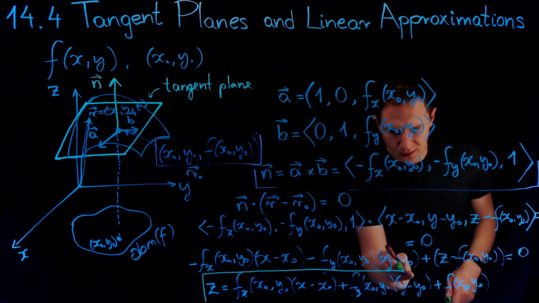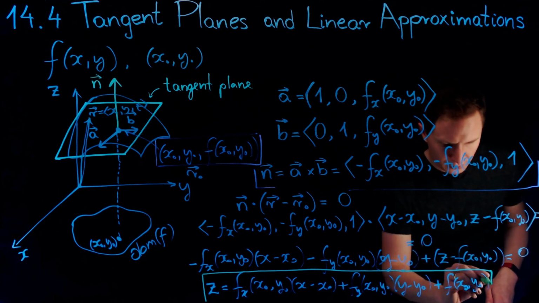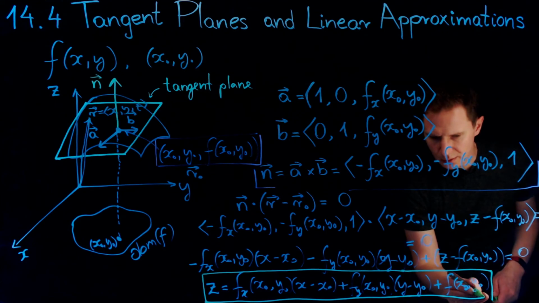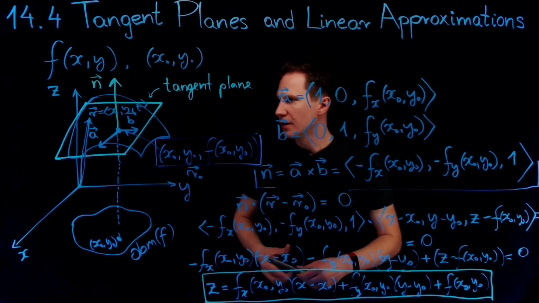So this is the equation of the tangent plane drawn to the graph of the function f at the point x naught, y naught.